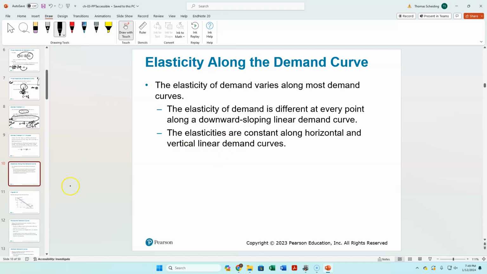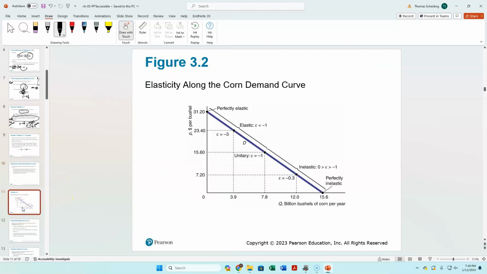Now, let's look at the next slide here, because you might be wondering how that could be. Along a demand curve, this would have a constant slope. We can see that the line is changing by about 7 for 3.9.